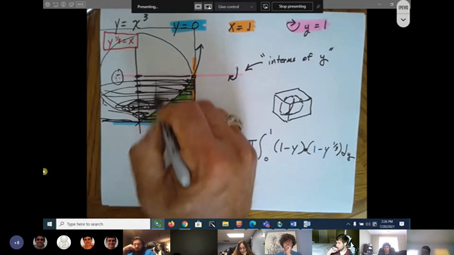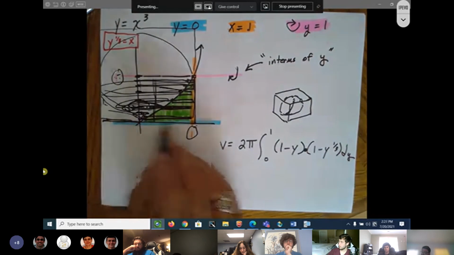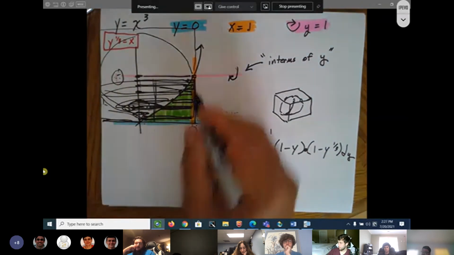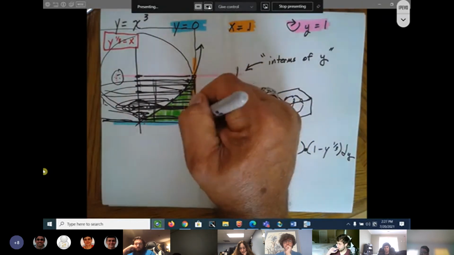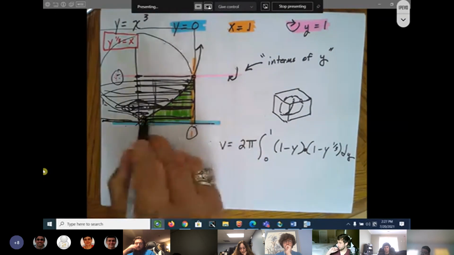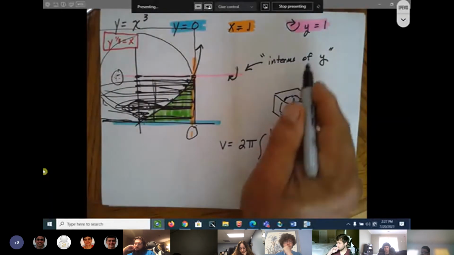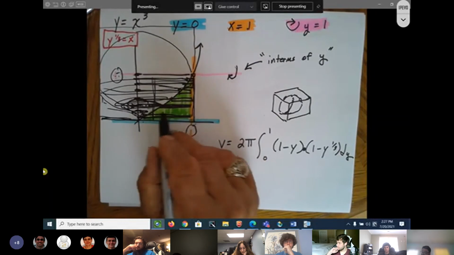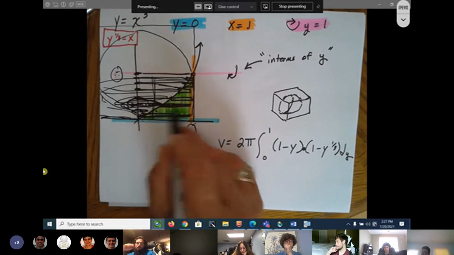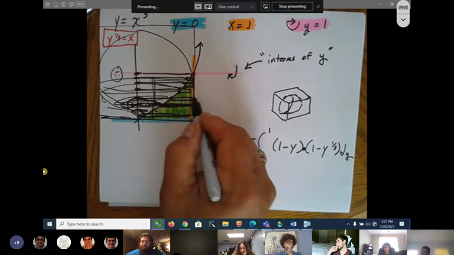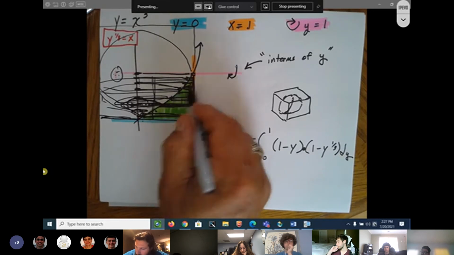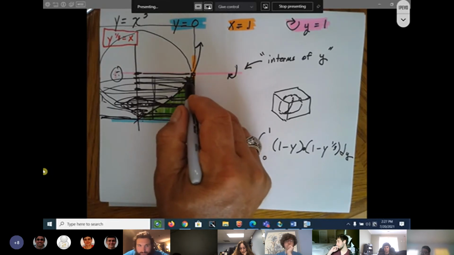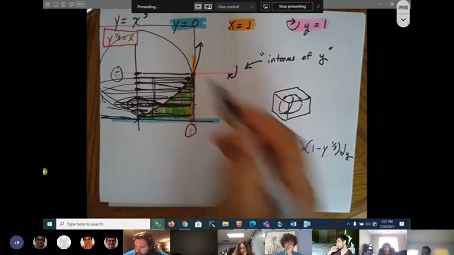Okay, so we got this. But what about from here to here? Well, you have 1 right here minus the actual function, because that's the height. So 1 minus that function, at every point.